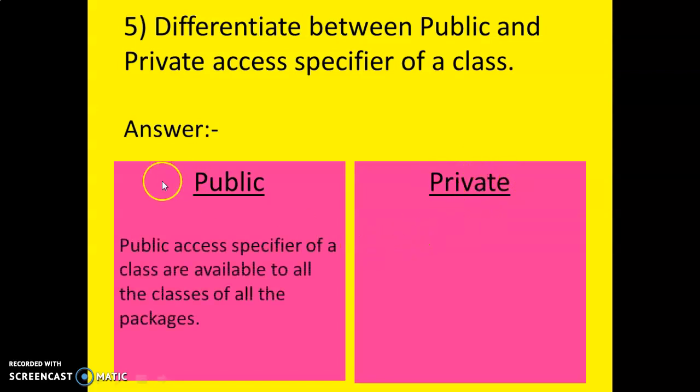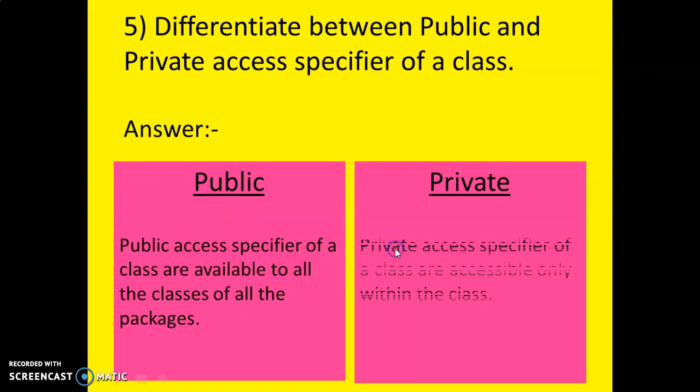So like this, public access specifier members of a class are available to all the classes. To all the classes it is available if it is public. But if you mention it is private, then generally, by default, all the classes are public. You remember that when you write the program, you write public class, class name. So it is accessible for all other classes.